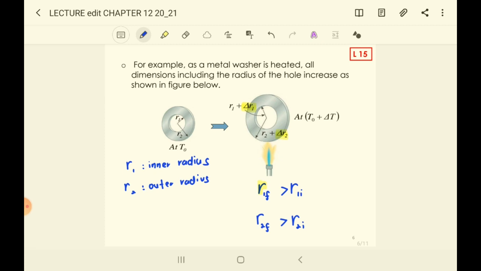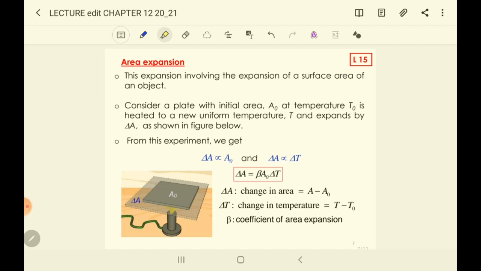Now we will discuss area expansion, where this type of expansion involves the expansion of the surface area of an object. Let's say we have a plate where the initial area of the plate is A0 at temperature T0, where T0 is the initial temperature.